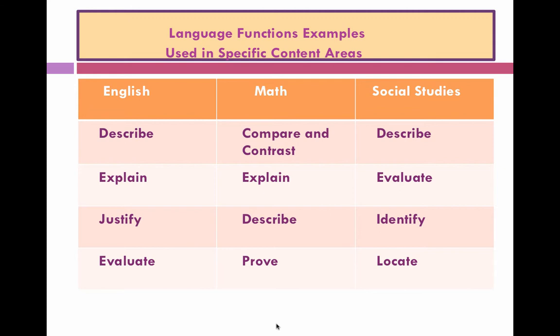For English, language function examples include describe, explain, justify, evaluate. For the content area Math, language function examples include compare and contrast, explain, describe, prove. For the content area Social Studies, language function examples include describe, evaluate, identify, and locate.